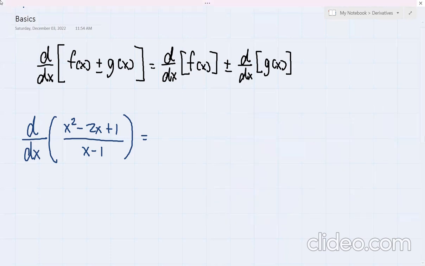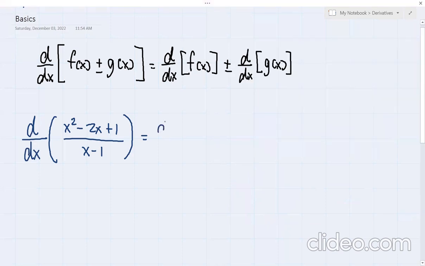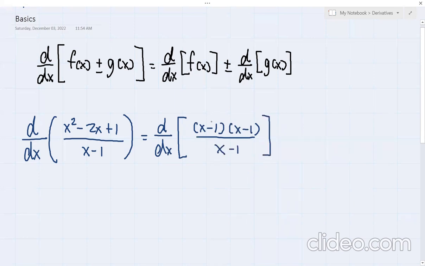Okay, try natin to. So si x squared minus 2x plus 1, kung kukunin mo yung factored form niya, magiging x minus 1 times x minus 1 all over x minus 1. Ayan siya. So meron tayong x minus 1 sa taas at saka sa baba.